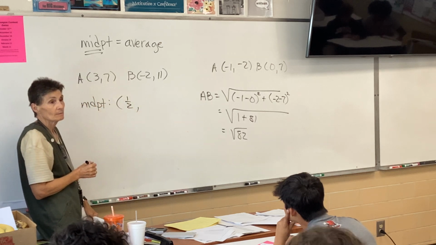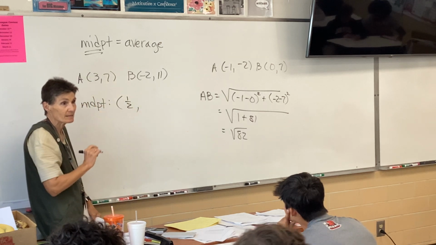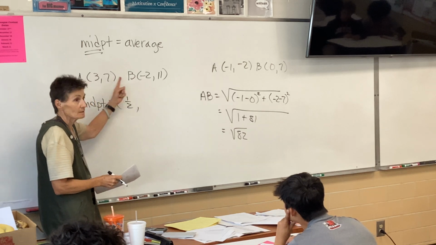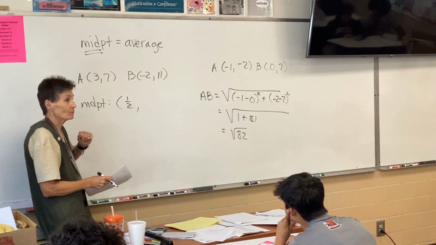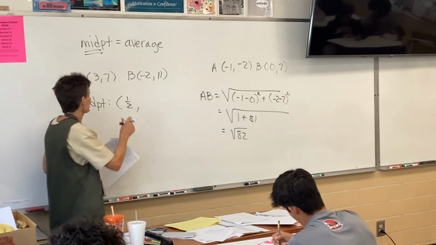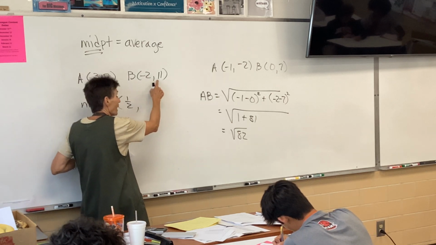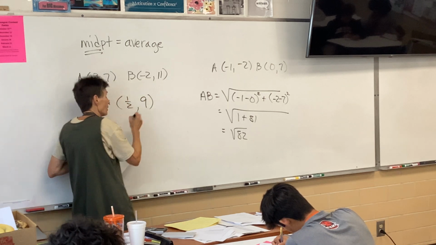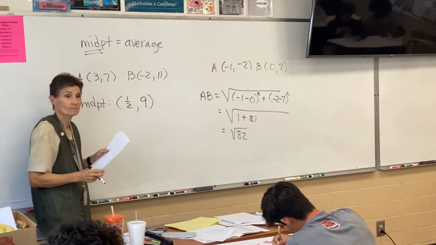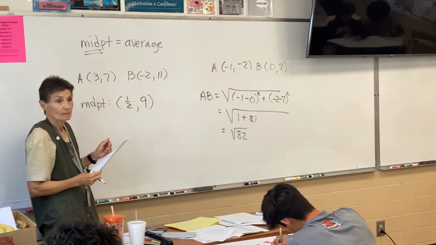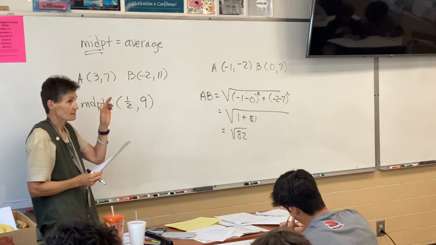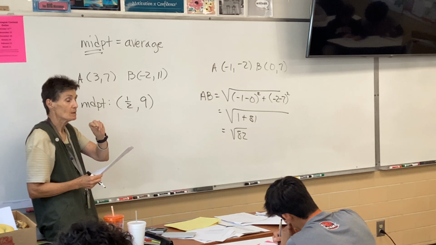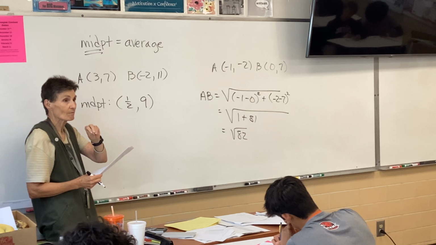Average, add and divide by 2. Now do the same thing here. Add the y's, divide by 2. There you go. There's your midpoint. You add the x's and divide by 2. Add the y's, divide by 2. Midpoint is average.